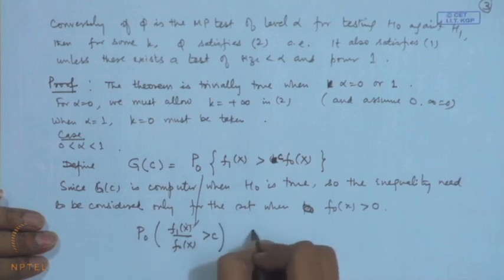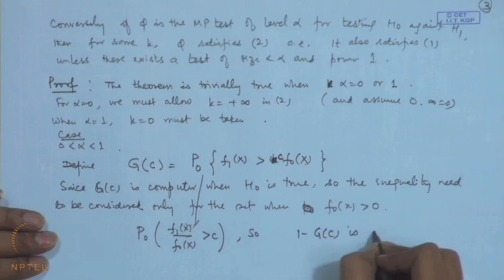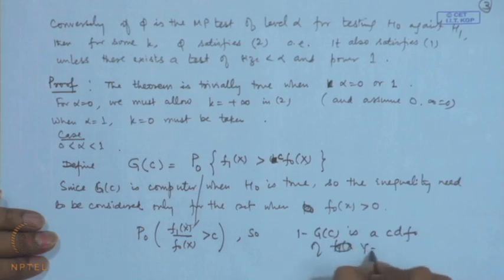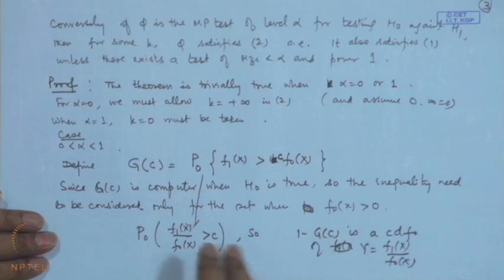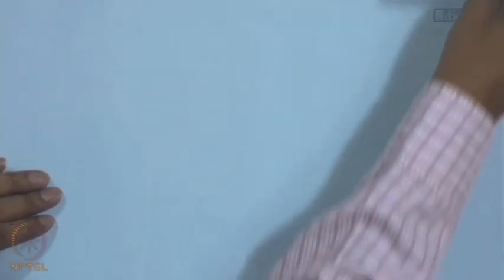So, 1 minus G c is a CDF of, let me call it random variable Y, f 1 x by f naught x. Now, if it is a CDF, it will have certain properties.